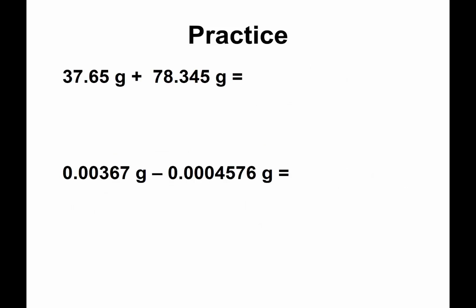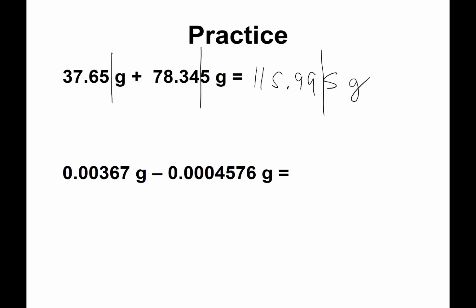The next one is a simple addition, so we have to follow simple rules. Both of those measurements go out to at least 2 behind the decimal. So that's how far out we can go with our report. So when you add these 2 numbers up together in the calculator, you get 115.995, but we can only go out to here. Now, for the units, it simply stays as grams because you're just adding.